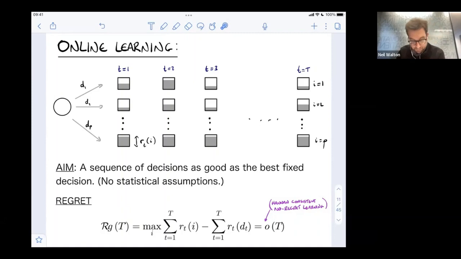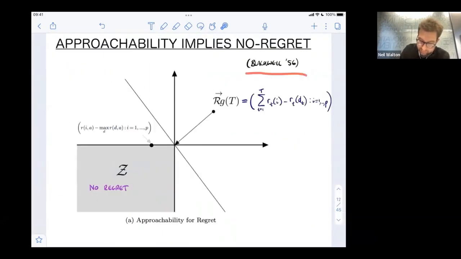There exist algorithms which actually do quite well, with regret that is little o of T. So they're within the same order as the best choice in hindsight. An online algorithm can make a sequence of choices which are as good as the best fixed choice in hindsight. That's the result that essentially Blackwell proved in 1956.